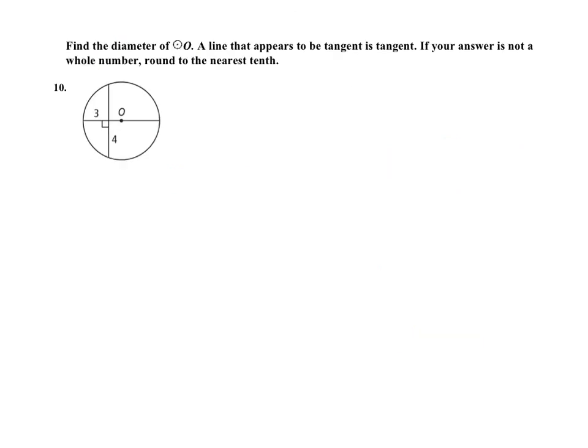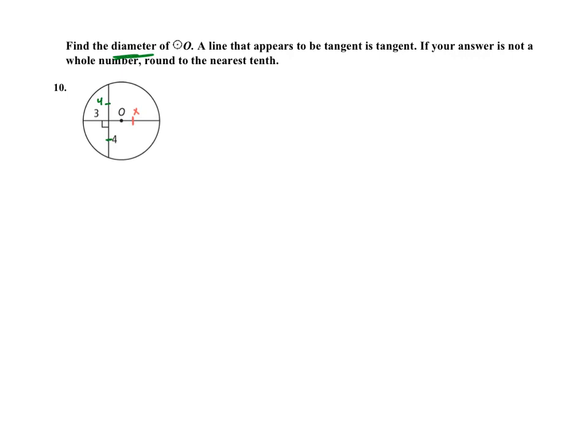And when I find the diameter here, right? So first of all, for finding that, I need to find this one piece right here. So let's name that x. Now, because this line, the diameter, is perpendicular to that chord, that means that it divides it in half. So this one is 4, right?